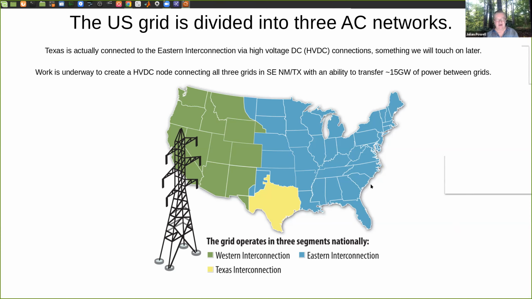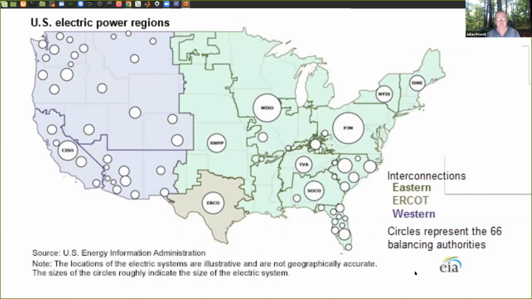So how do you manage this? There's probably 100 utilities in the Eastern Interconnect. I have no idea how many. There's a lot. So we manage it by breaking the grid up into regions.